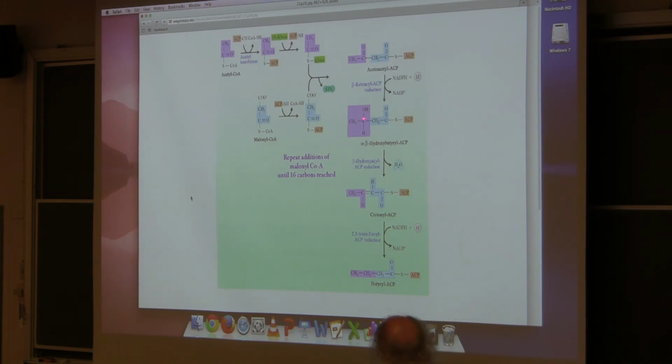Well, at this point, we've got a hydroxyl. Remember I told you when we looked at the stereochemistry of the hydroxyl in oxidation, I said note that it's an L, because in synthesis, you're going to see the hydroxyl is in a D configuration, and that's what that is here.